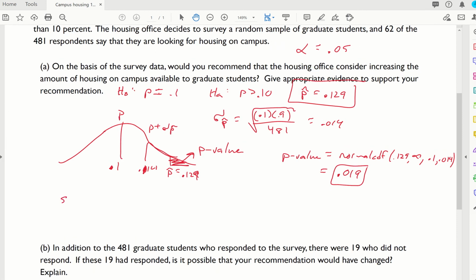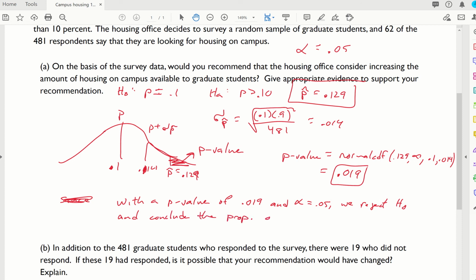So our conclusion: with a p-value of 0.019 and alpha equal to 0.05, we reject H0 and conclude the proportion of grad students seeking on-campus housing is greater than 10%.